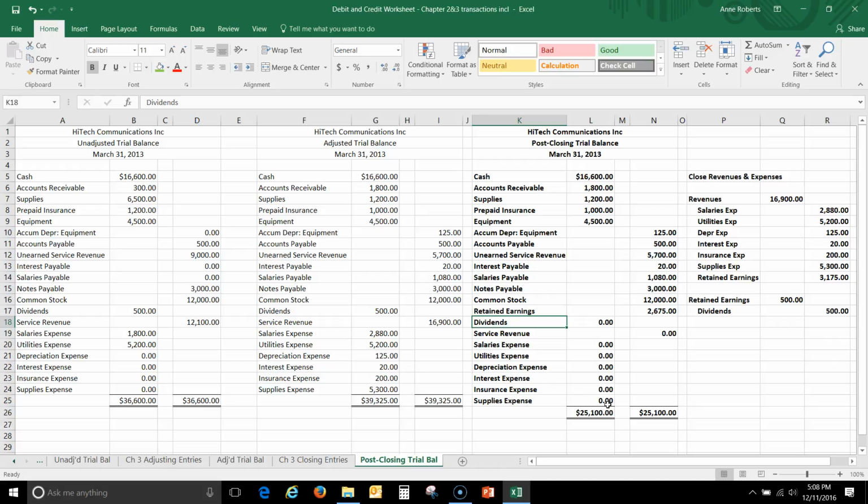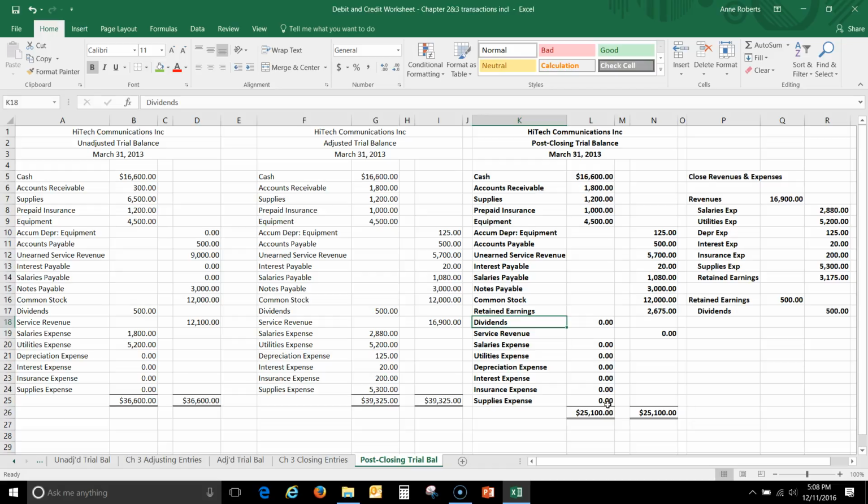Daily journal entries, posting into the general ledger, unadjusted trial balance. Adjusting entries, posting into the general ledger, adjusted trial balance. After the adjusted trial balance, you're ready to do monthly financial statements. Then you'll do that for 11 months.